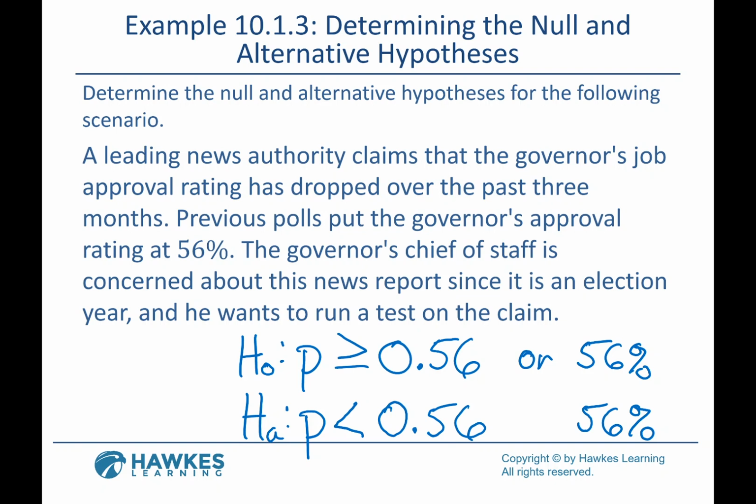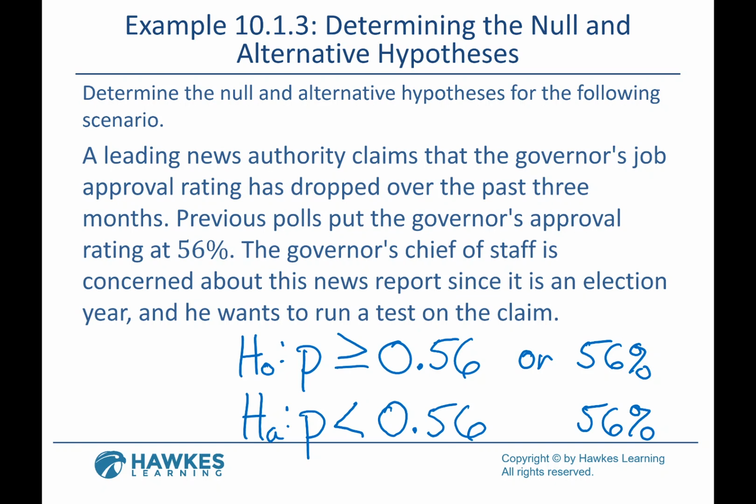Okay, so the one thing that makes these easier, because there's only so many ways they can look. For us, the parameter we're working with will always either be mu or p, because those are the only two that we've dealt with. We're not going to add any at this point. On the alternative hypothesis, we really only have 3 choices for the symbol that goes in there.